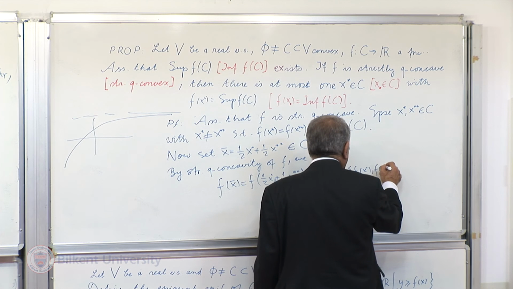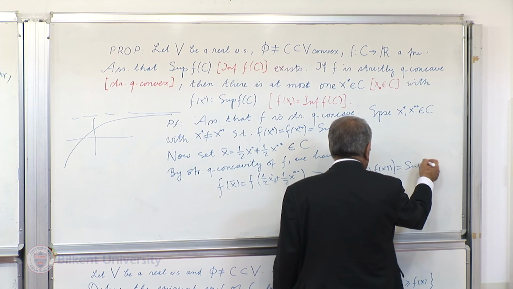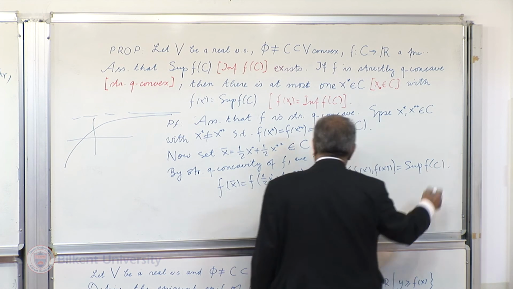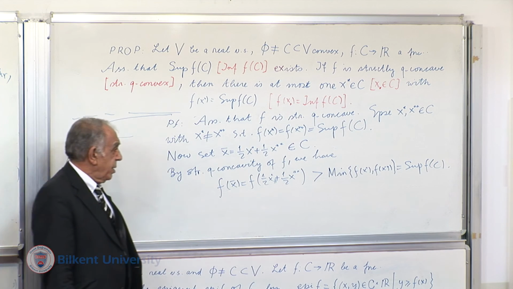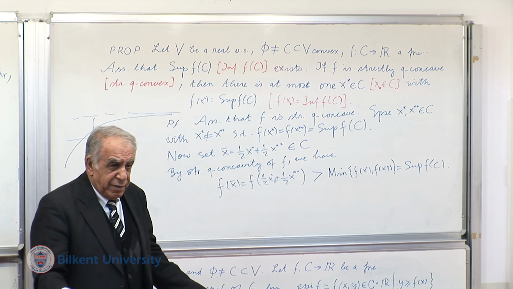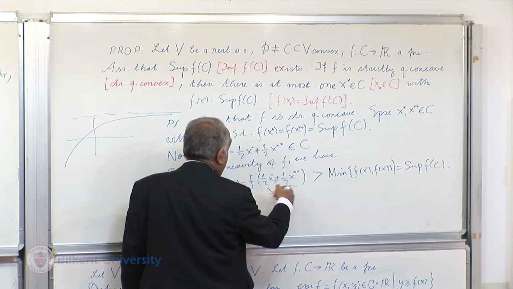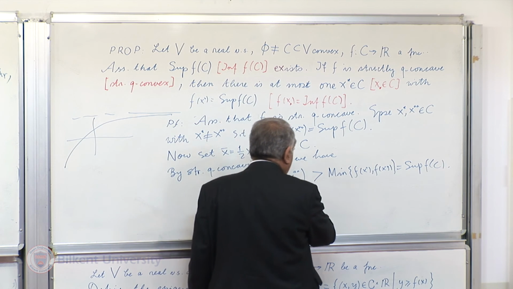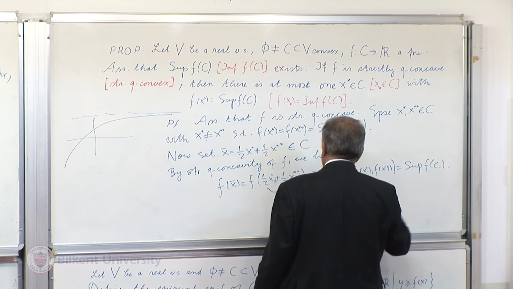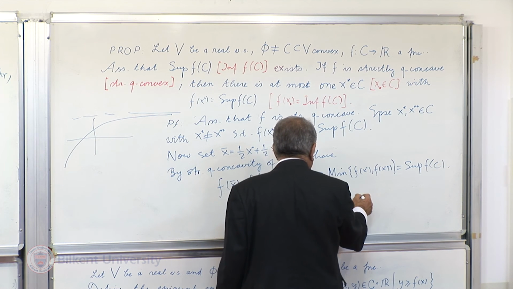But they're the same. In fact, their common value is sup f of C. Is this a contradiction? Sup f of C is an upper bound of f of C, but here, x bar is in C. We have something in the set f of C which is larger than this, a contradiction.